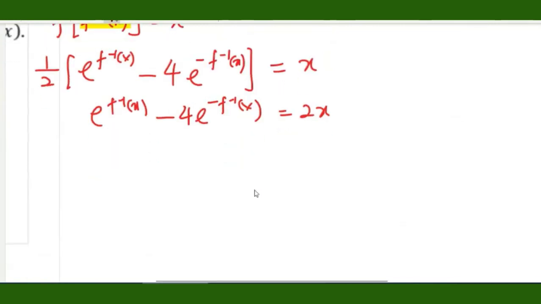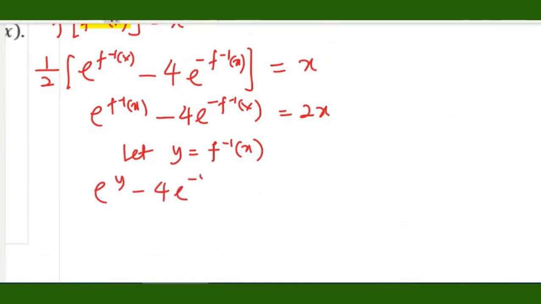One simpler way to solve this is for us to let y equal f inverse of x, so once we have substituted, we'll end up having e^y minus 4e^(negative y) equals 2x.